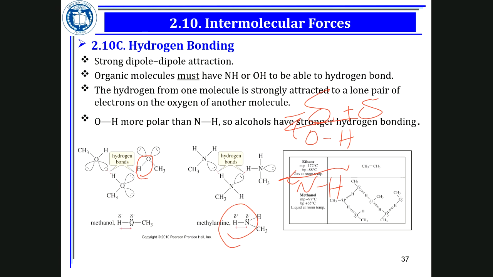So I'm going to put a smaller delta here. Because intermolecular force is electrostatic attraction, the greater the charge separation, the stronger the attraction. So hydrogen bonding caused by OH is going to be stronger than hydrogen bonding caused by NH.